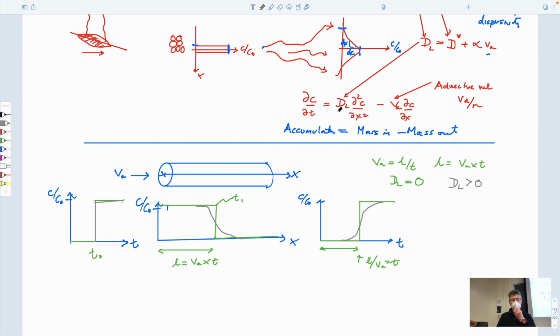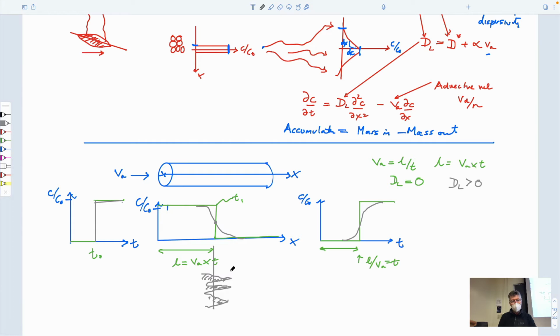And so all the diffusion means is that there's an extra mechanism that's different from the bulk plug flow of this front, and it spreads things ahead of the front, and if it's pushing mass ahead of the front, it means it has to lose mass behind the front. And so I suppose you can think of this as flow within a porous medium where you have all these fingers that would represent the front, where on average these fingers of solute are ahead, and if you take an average, then on average it's at the middle concentration.